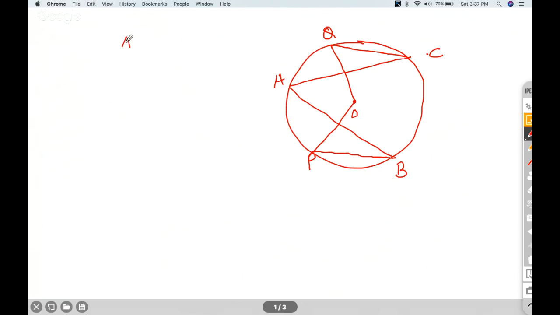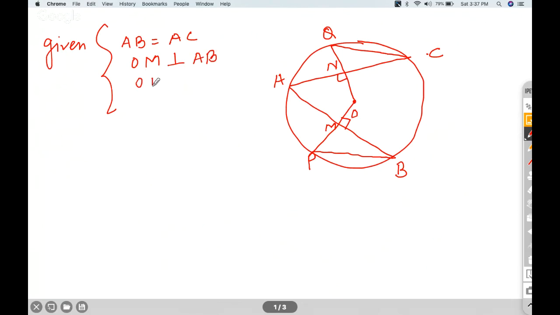Given is AB is equal to AC, and this point is N and this point is M, and this is 90 degrees obviously. Then OM is perpendicular to AB and ON is perpendicular to CA.